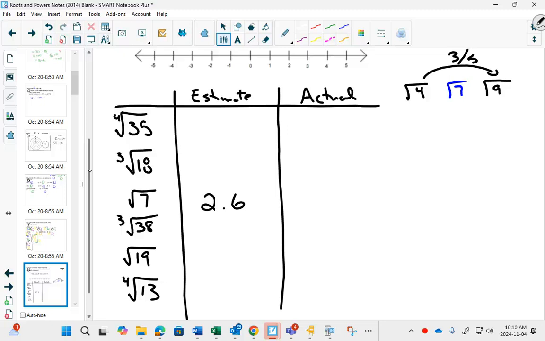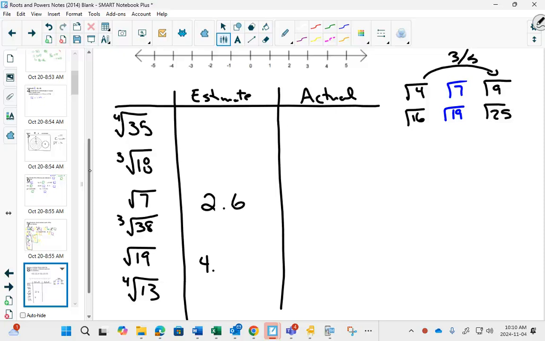So let's use that same strategy to figure out the square root of 19. What is the square root of 19 in between? Which perfect squares do you know? 16 and 25. So I know that it's going to be 4 point something. It seems like it's closer to the 16 than the 25. So if someone put 4.2 or 4.3, that seems reasonable.